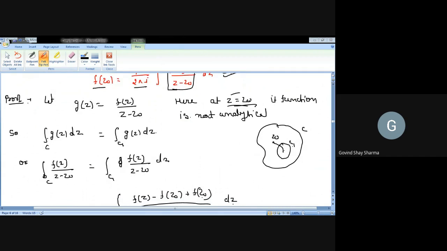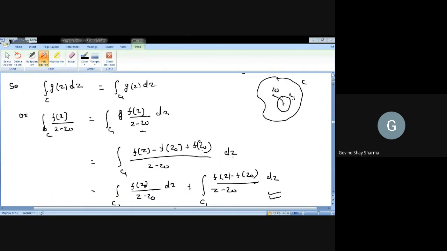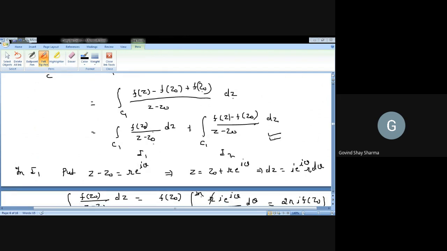So f(z0) we can write for C1, and for C1 we add and subtract f(z0). So this will become f(z0) on this side, and f(z) minus f(z0) over z minus z0 on this side.